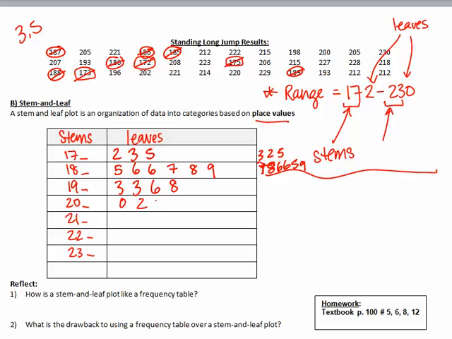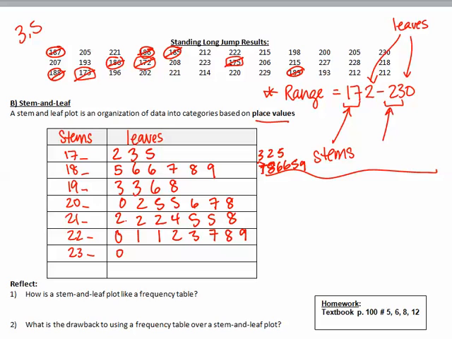Then I have 200, 202, 202, 205, 205, 206, 207, and 208. I have 212, 212, 212, 214, 215, 215, 218, 220, 221, 221, 222, 223, 227, 228, and 229, and then 230.